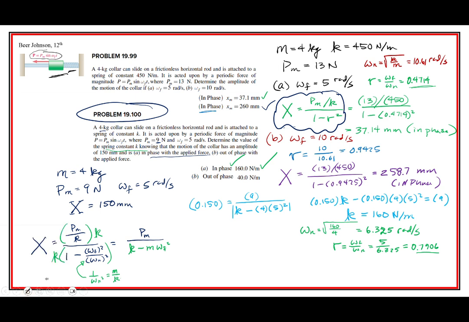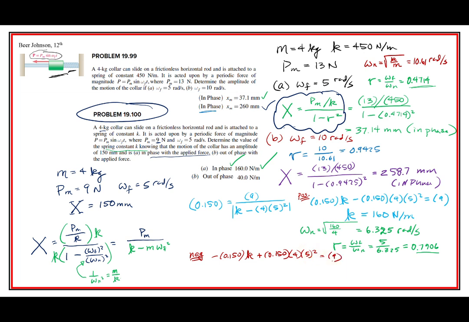The other way that we can approach this, let's see, deep red. So this was a positive denominator. So we go to the negative denominator, and we would get negative 0.150 K, and then plus 0.150 times 4 times 5 squared equals 9.